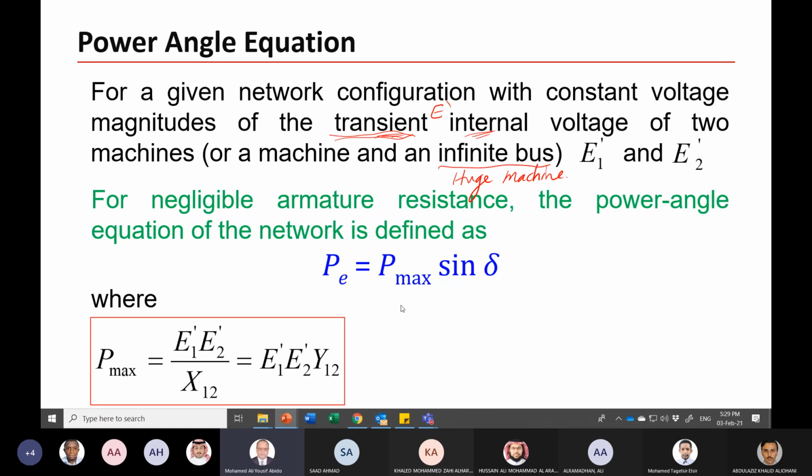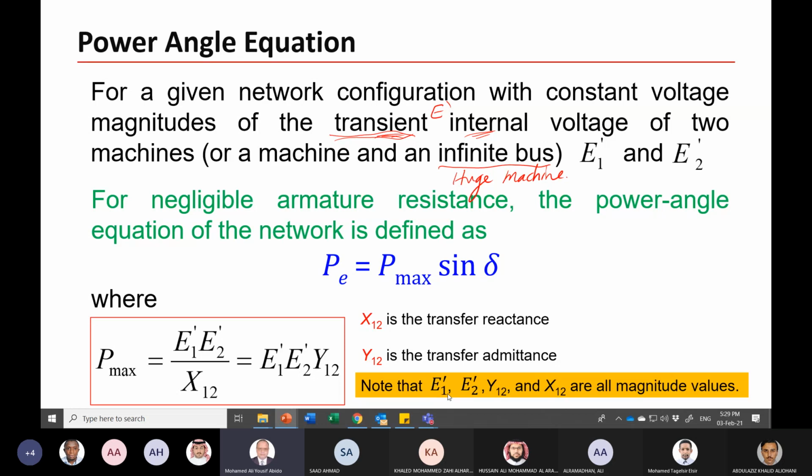X12 is called the transfer reactance, Y12 is called the transfer admittance, and E1, E2, Y12, X12 are all magnitude values. There are no complex numbers involved here. This is power, and the power should be a real number.